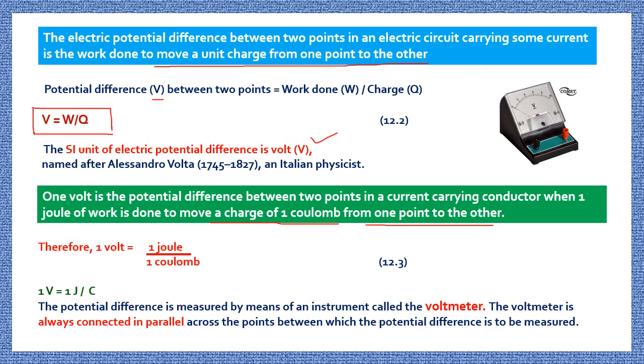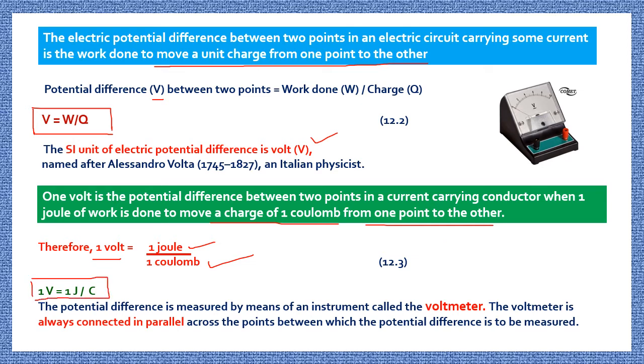We can solve it from the formula V is equal to W upon Q. So V is 1 volt, W is equal to 1 joule, Q is equal to 1 coulomb. So 1 volt is equal to 1 joule upon 1 coulomb.